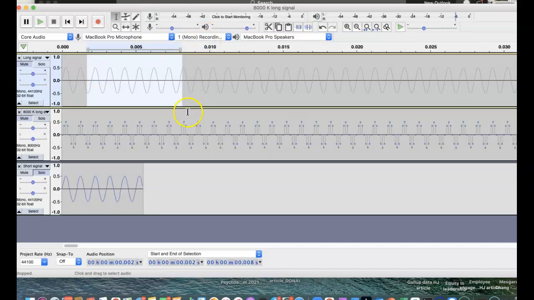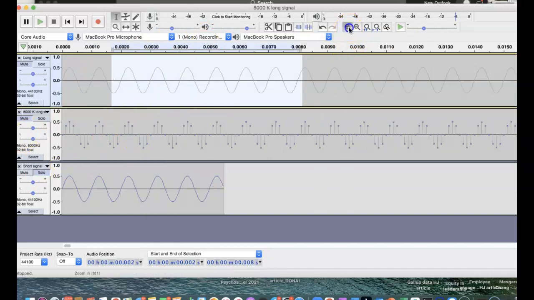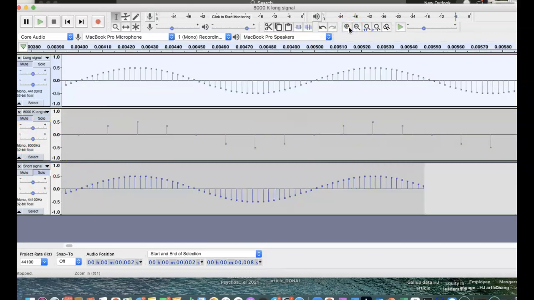And again, I wanted you to see sampling frequency. So the 8,000 hertz has many, many fewer samples than the 44K versus the 96K. And again, you could go up to 384K, just because you can.